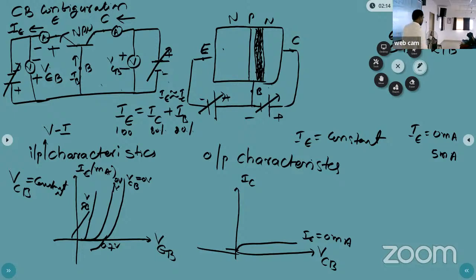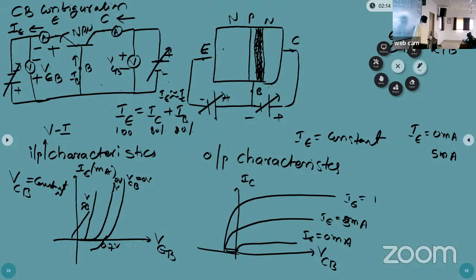IE is equal to 2 milliamp constant current, and then 5, then 10, or you can take 50 milliamps. Okay, so that is the output characteristics.